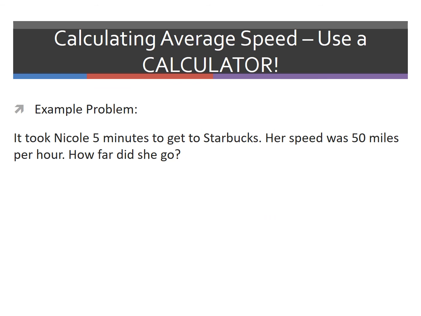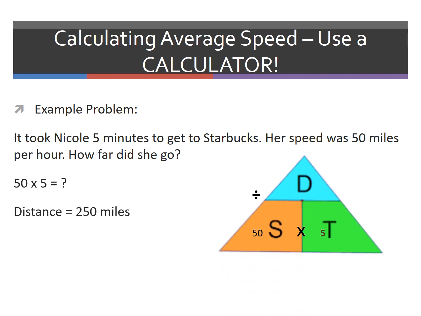It took her 5 minutes to get to Starbucks. Her speed was 50 miles per hour. How far did she go? Let's get our formula triangle up first. She took 5 minutes, so that's time, and her speed was 50 miles per hour.